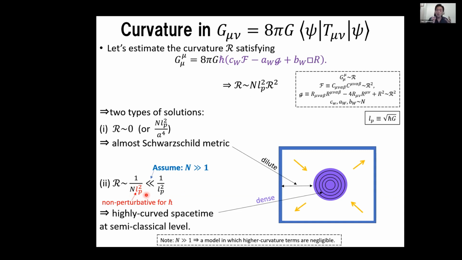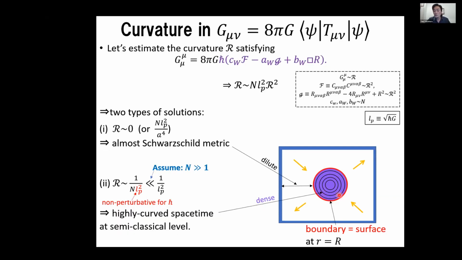And if you have many matter fields, then the degrees of freedom N is large. Then this curvature is smaller than Planck scale itself. In this sense, this type of solution can describe a highly curved spacetime at semiclassical level. So this type of solution is a good candidate to describe this interior dense region.